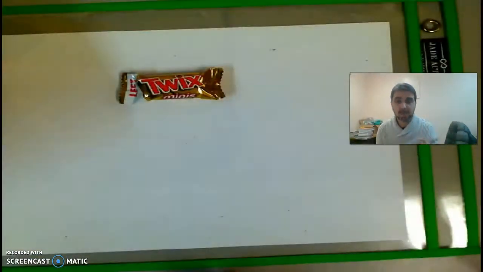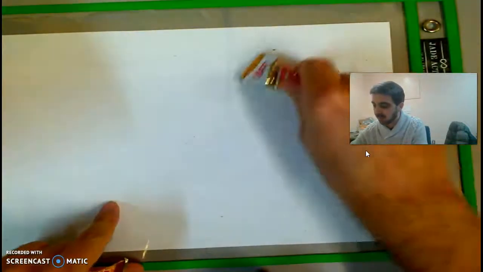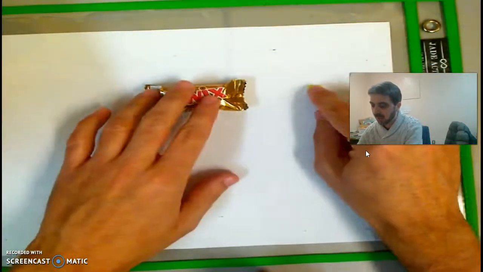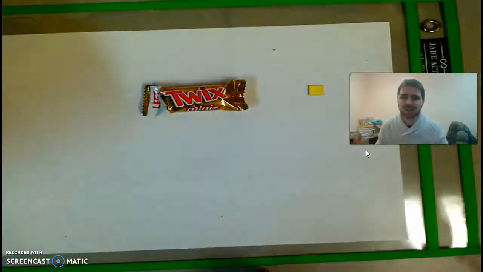So I don't have enough candy, honestly, or bags to do this. So we're going to use our base 10 pieces to help us out. So let's take a look. Let me get my big face out of the way. Say bye-bye. There I go. So every piece of candy is going to be represented by one of these. I know, it'd be better if we had candy, wouldn't it?